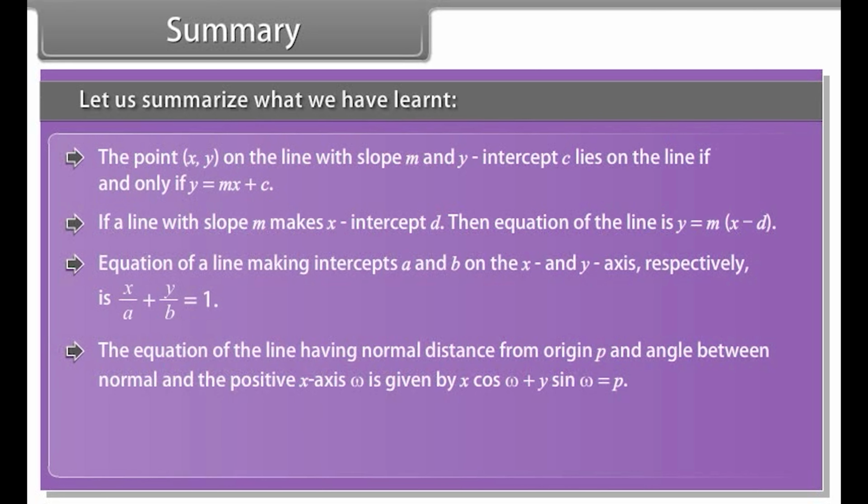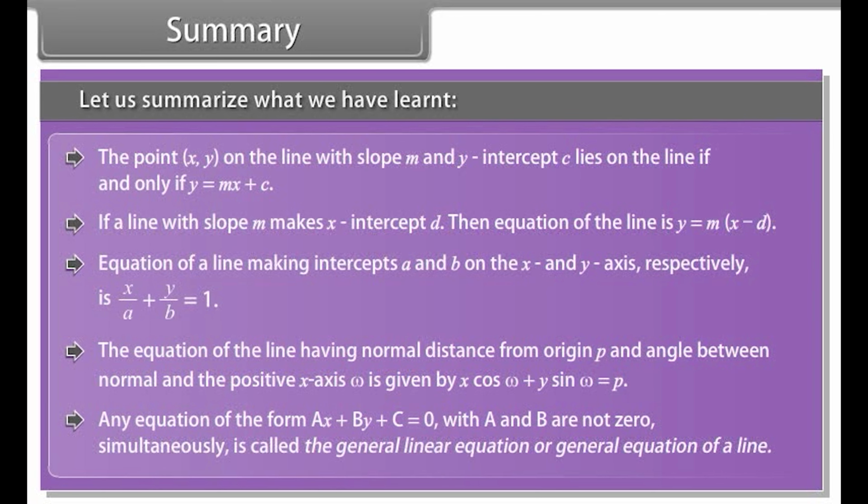The equation of the line having normal distance from origin p, and angle between normal and the positive x-axis, omega, is given by x cos omega plus y sin omega is equal to p. Any equation of the form ax plus by plus c is equal to 0, with a and b not 0 simultaneously, is called the general linear equation or general equation of a line.